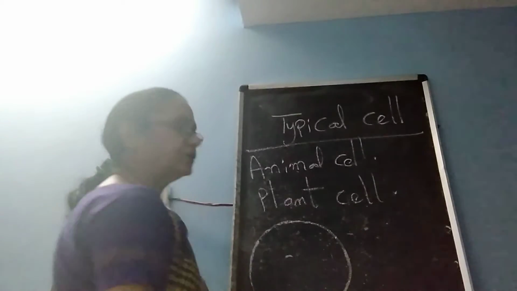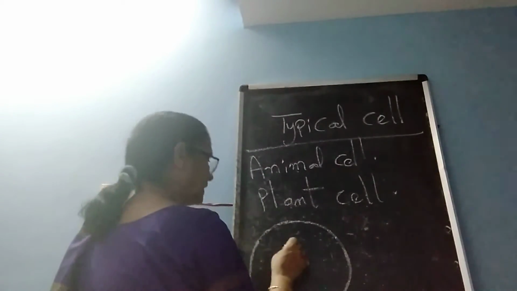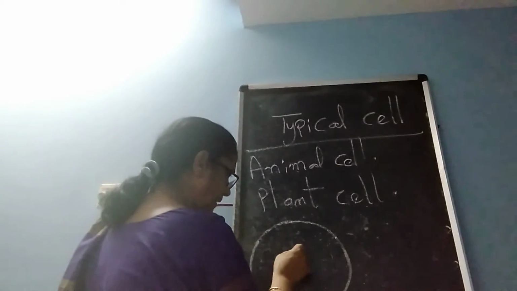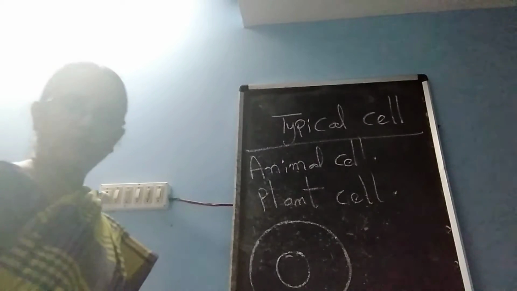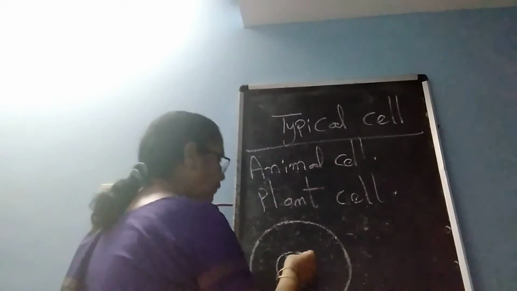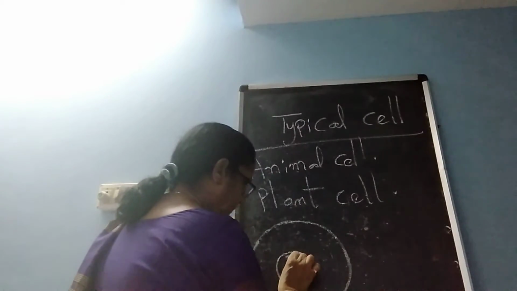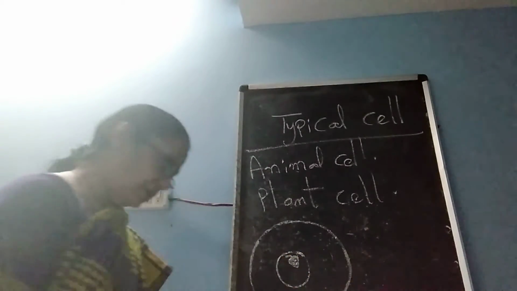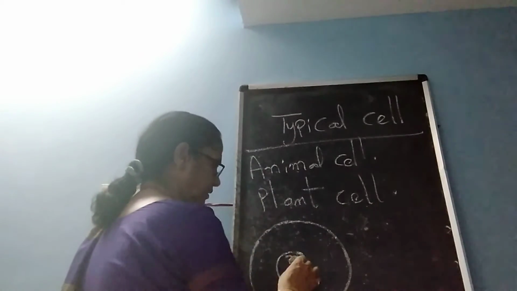It is round in shape, and in the center of the cell is a round body. This body is known as the nucleus. Inside the nucleus, a ball-like structure is found. This is known as the nucleolus.